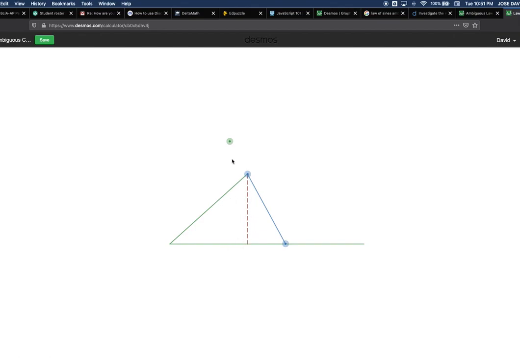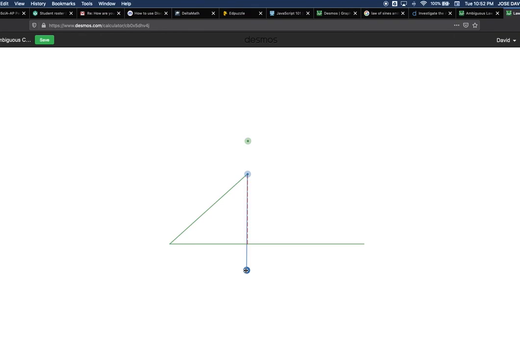So you have two different cases, and that's only whenever your side A is shorter than your side B, but it's longer than your height.